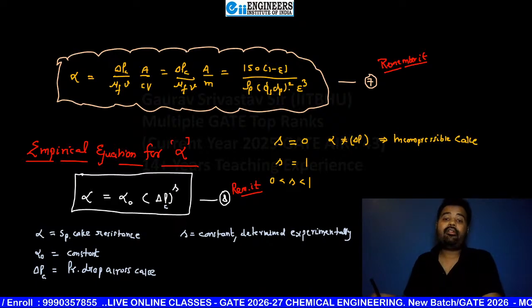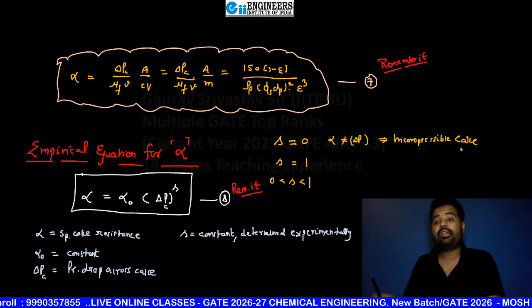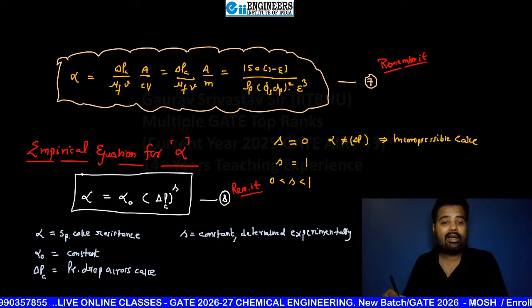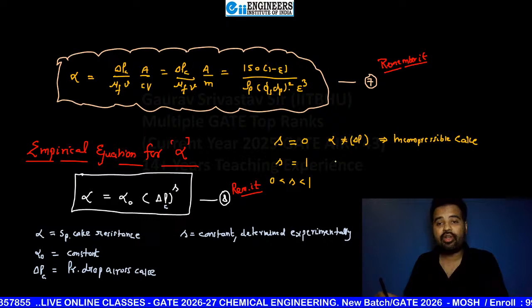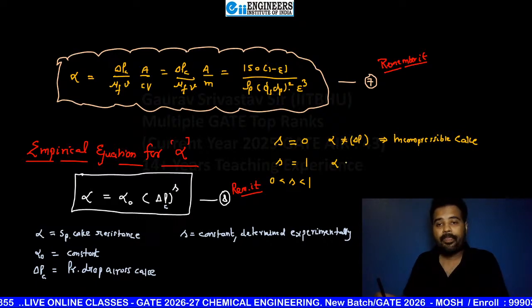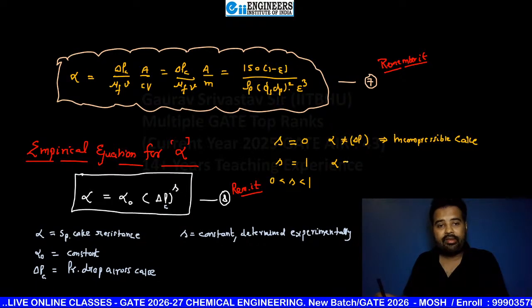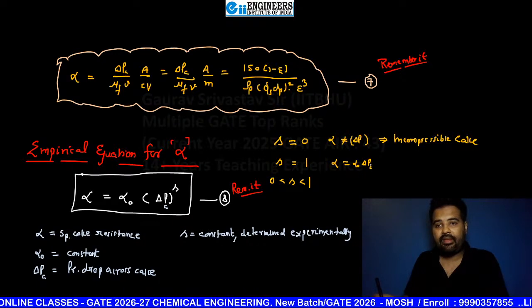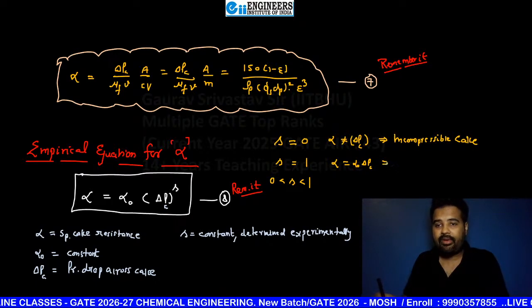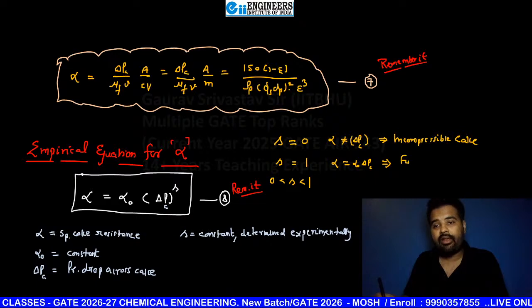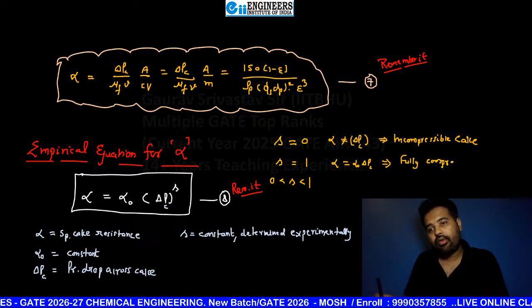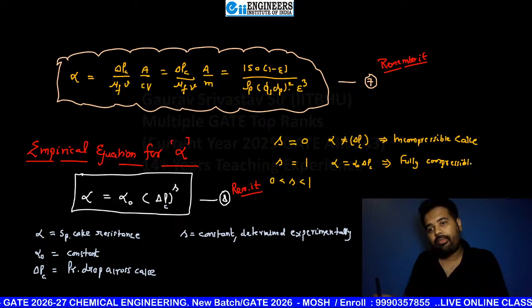Now if the value of s is 1, now see alpha is a function of delta P and directly proportional. Alpha is now written as alpha naught delta PC, and this time beta it is known as a fully compressible cake.